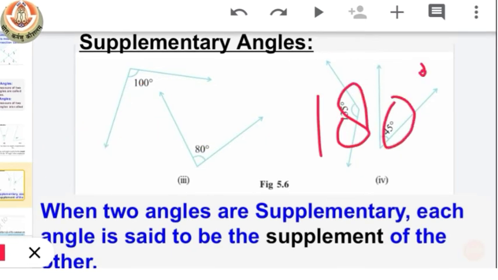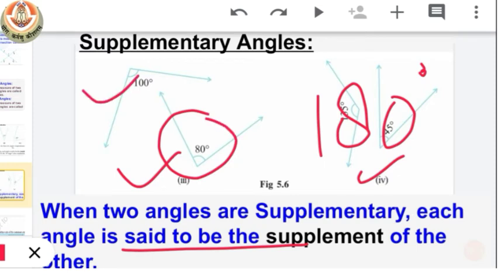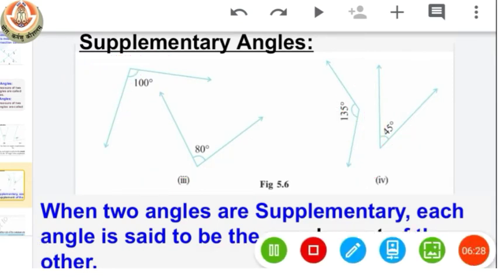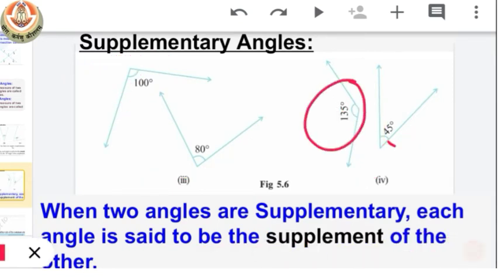So both given pairs are supplementary angles. When two angles are supplementary, each angle is said to be the supplement of the other. That means 80 is the supplement of 100 degrees and 100 is the supplement of 80 degrees, whereas in the other pair, 135 is the supplement of 45 degrees and 45 is the supplement of 135 degrees.